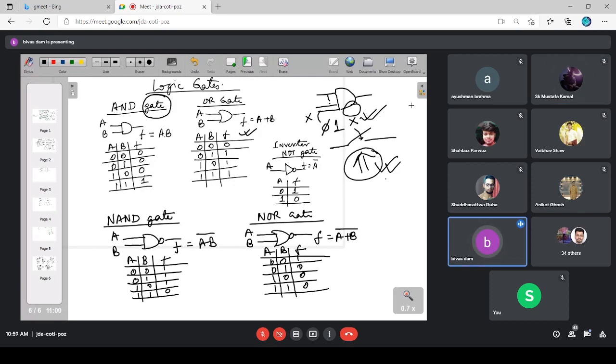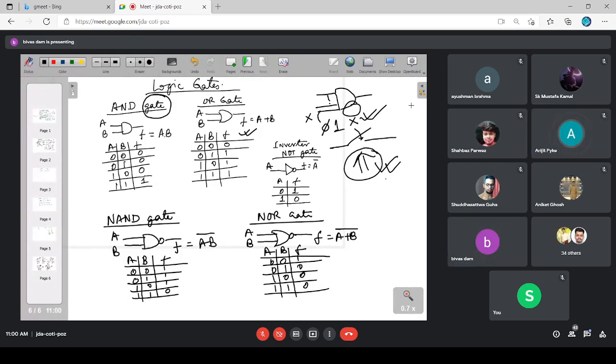There are the 5 basic logic gates. Out of these 5 basic logic gates, this NAND gate and NOR gate are given some special name. Those who have studied computer in class 2, they should be able to answer. What is the special term?